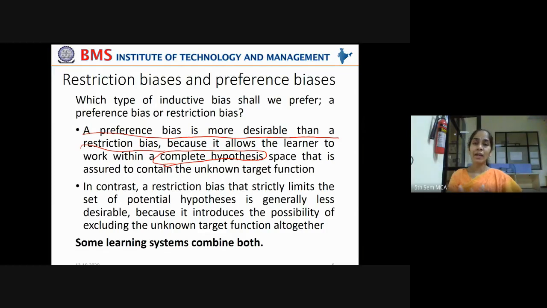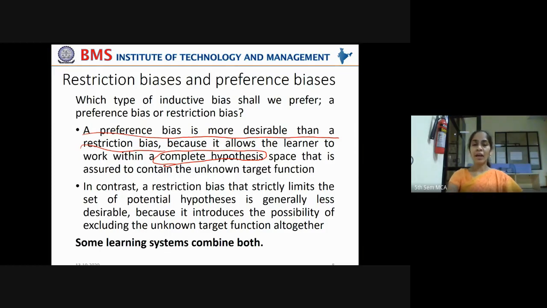It prefers shorter trees over longer trees. That is why it is always better to choose preference bias, because there is no risk of omitting the ideal target function. The ideal target function will always be there in the hypothesis space because the hypothesis space is complete.